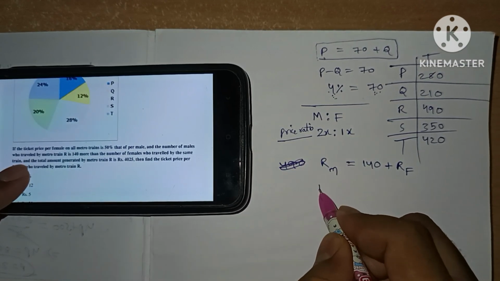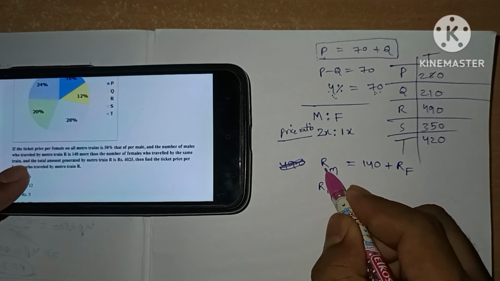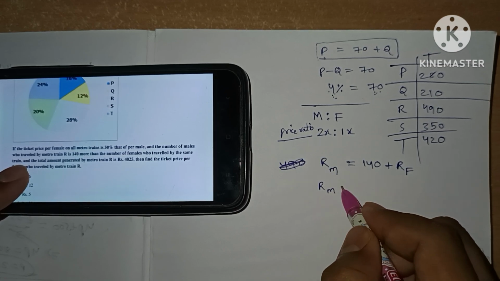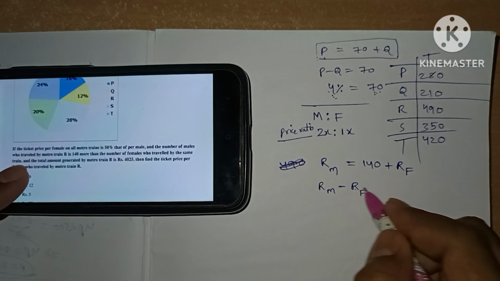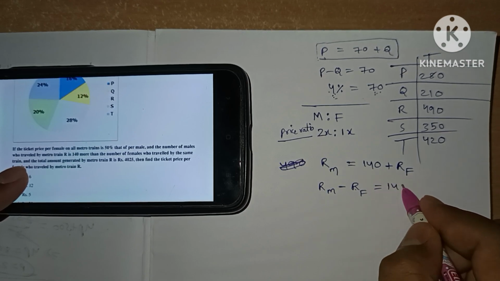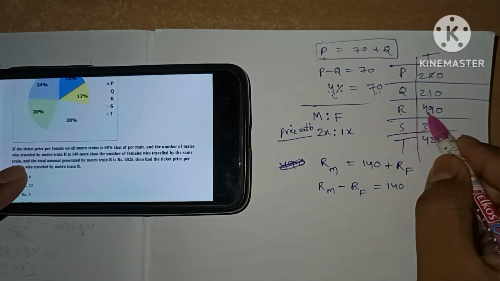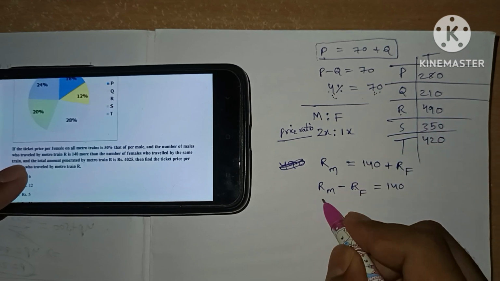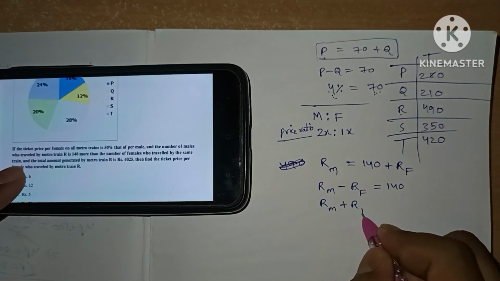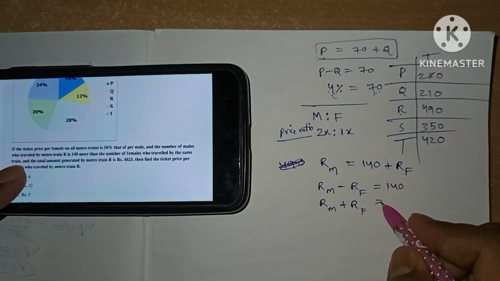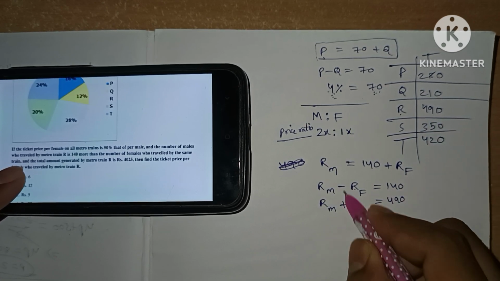So from this it is clear that in metro train R, number of males minus number of females is 140. We have total R value which is 490. R value means both male and female, totally we have 490. We have two equations.